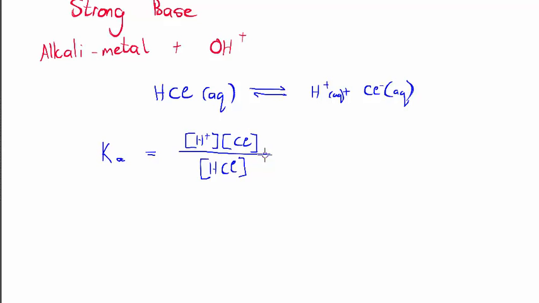Now remember, for strong acids like this one, it will dissociate almost completely, which means that the concentration of the numerator will be large and of the denominator will be small. So a strong acid like this, its Ka value is often much greater than 1,000, 10 to the power of 3.